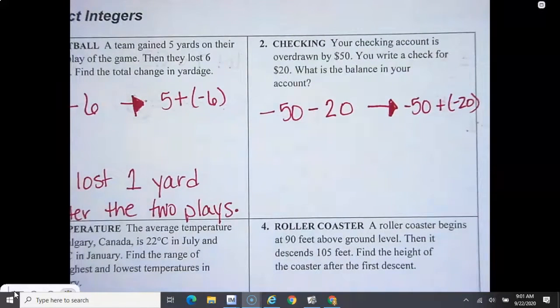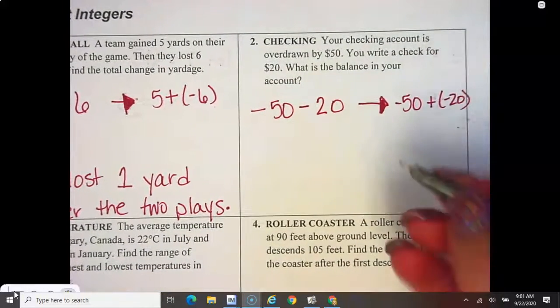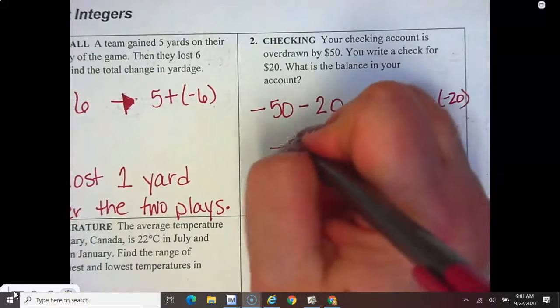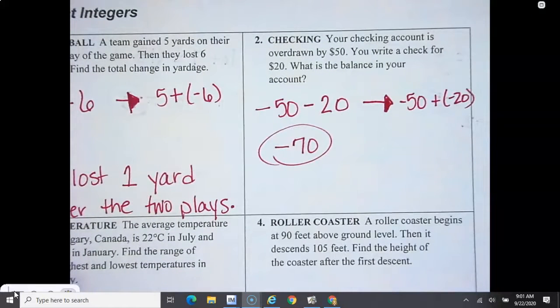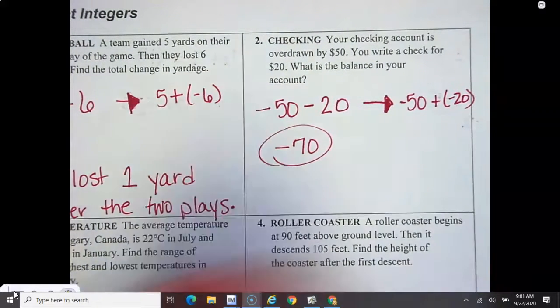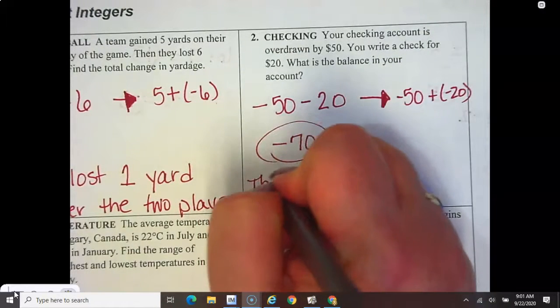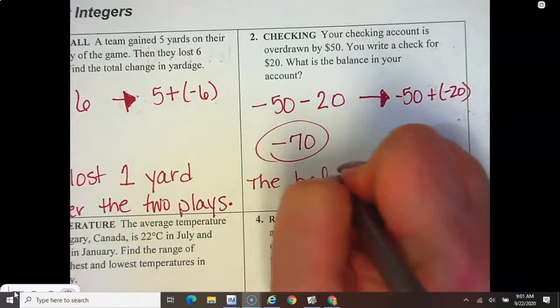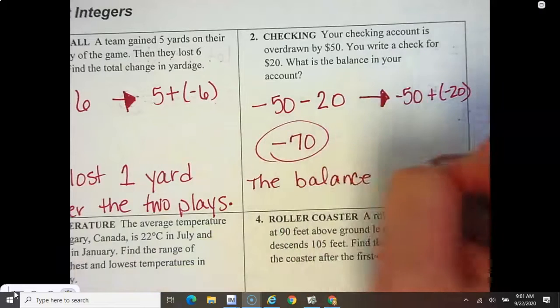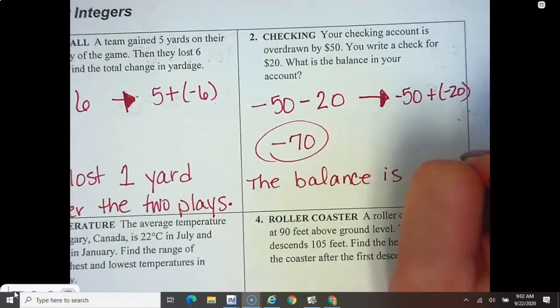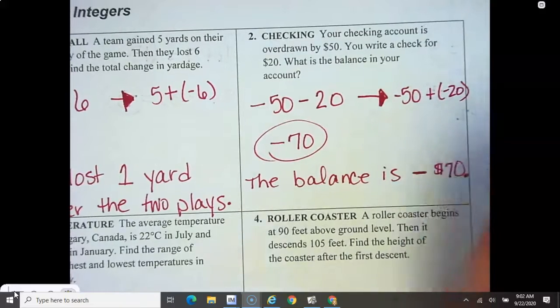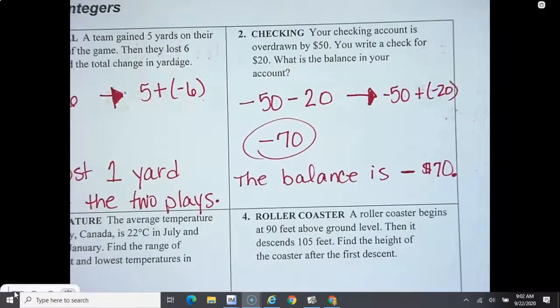So what's the answer to that? Negative 70. What's the balance in your account? The balance is negative $70. That's how you write that, negative $70.